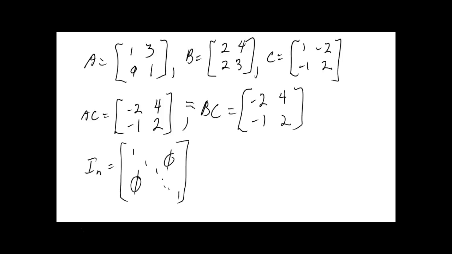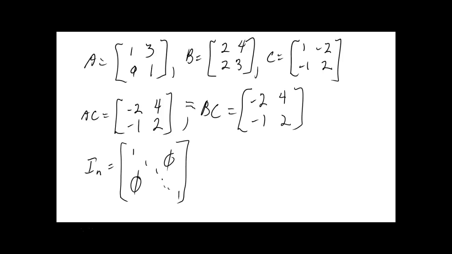So this isn't just your reduced row echelon form, because you could skip a column there and do other weird things. This one has to have ones on the diagonal, and to have a diagonal, it implies it has to be square.